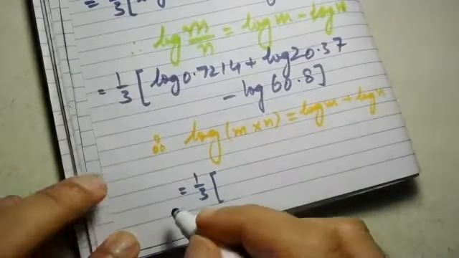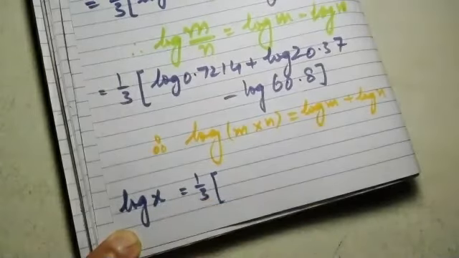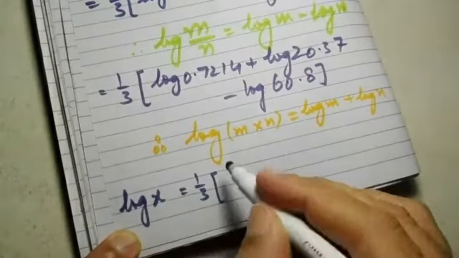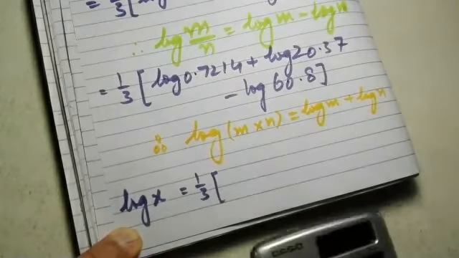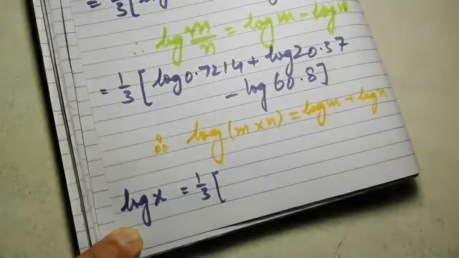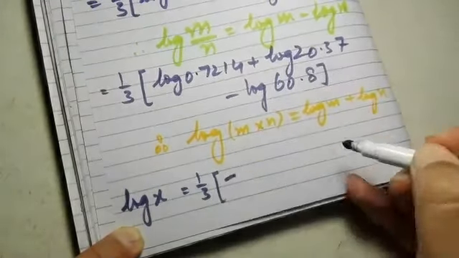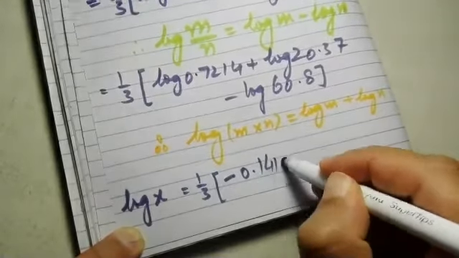So 1 by 3 will be as it is, and don't forget that we have log x on the left hand side. Now we are going to use calculators to find the logarithms. If I find log 0.7214, this is minus 0.1418.